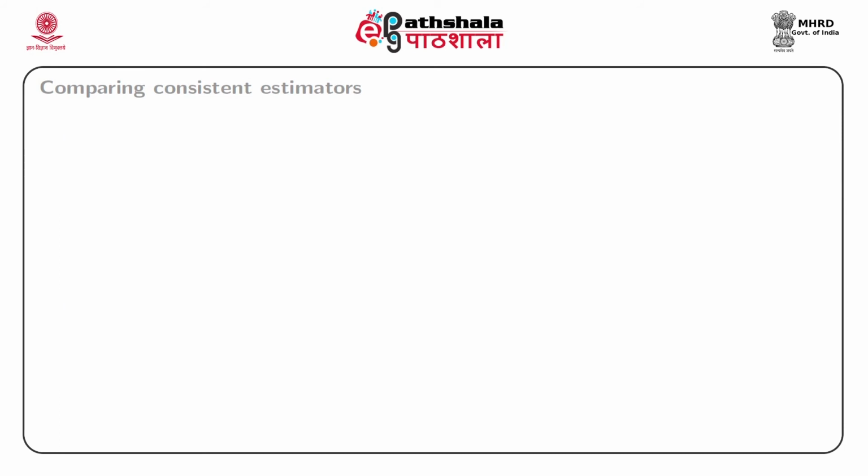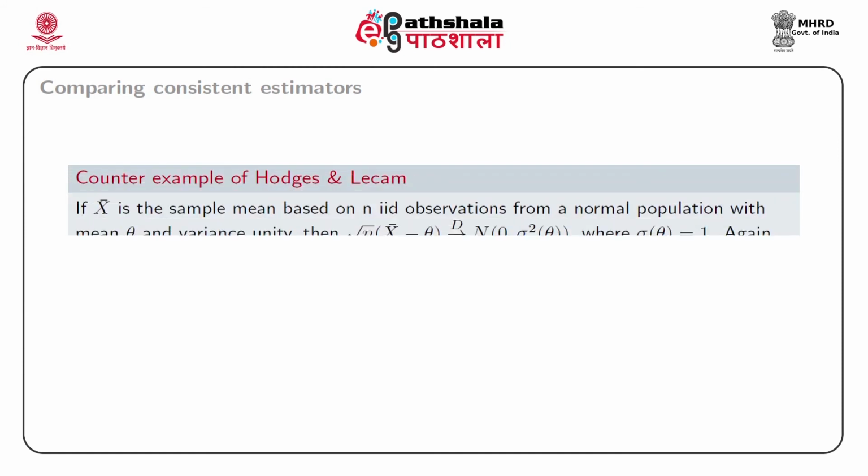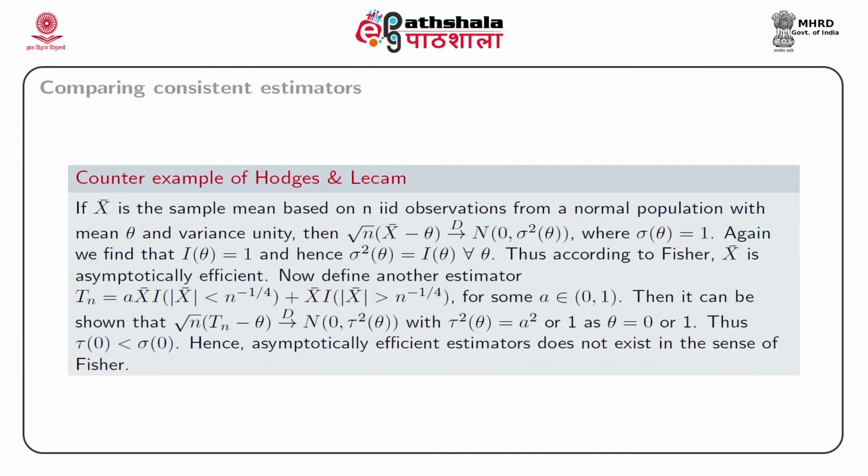So one can consider the counter example by Hodges and Lehmann to explain this deficiency. In fact, Hodges and Lehmann showed that we can construct a consistent estimator starting from a consistent estimator such that the asymptotic variance of the latter is less than the former for some theta.